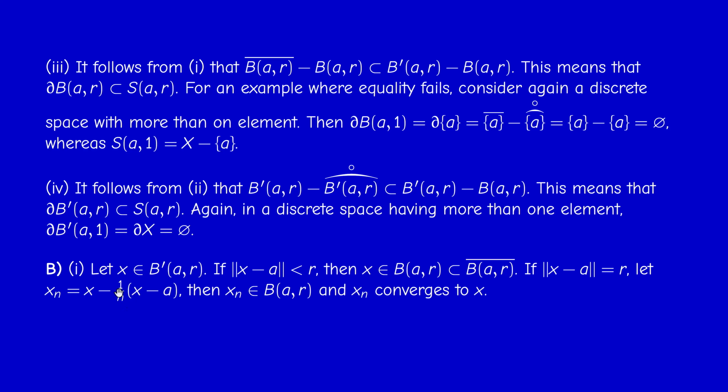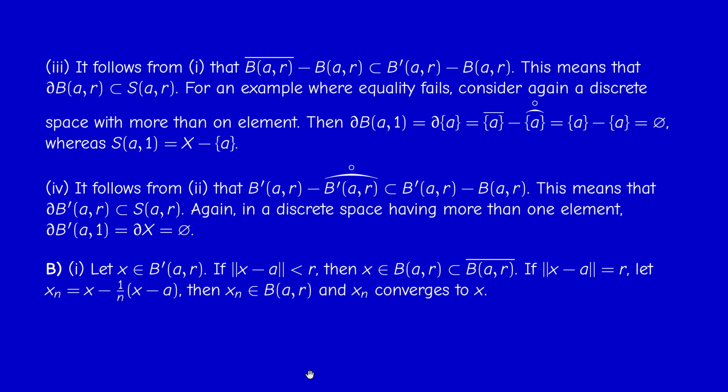This is why it didn't work. So what's the meaning of x_n? I suggest that you draw a picture. You draw the ball of center A, and you take x on the sphere. Now take a point x_n, which is very close to x, but it's inside the ball.